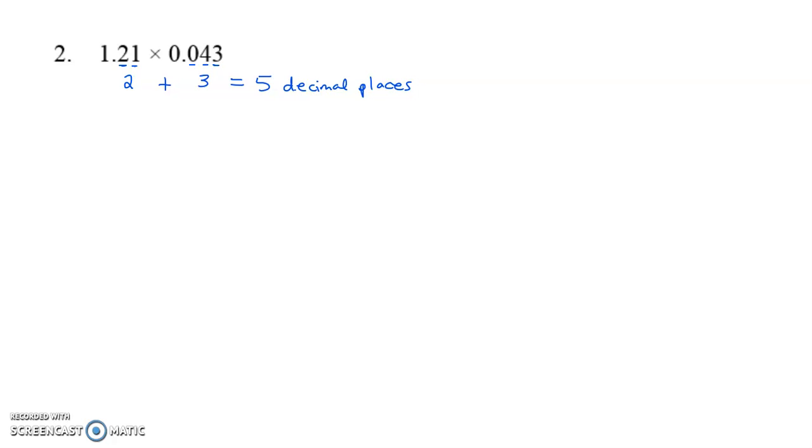Now I can ignore all the decimals and those zeros in front of the decimal. I'm going to write this like 121 times 43. This is much easier to deal with, so I can go ahead and multiply with confidence.